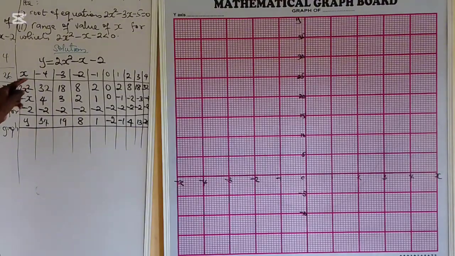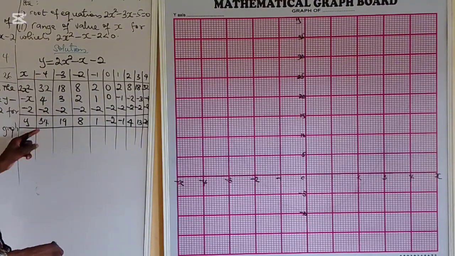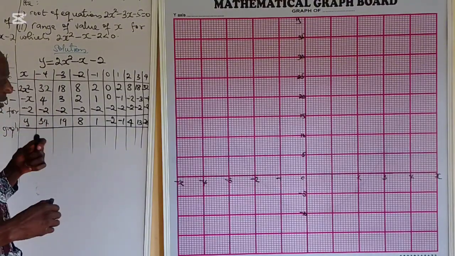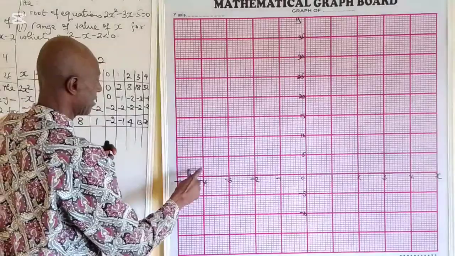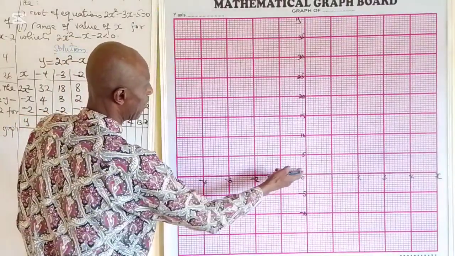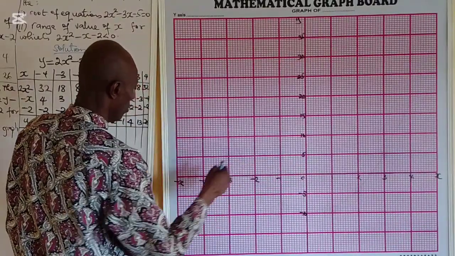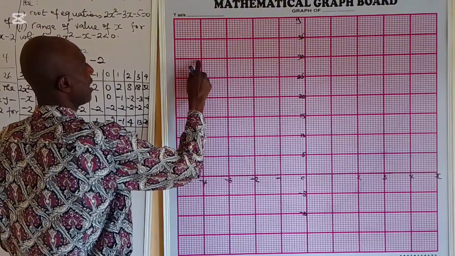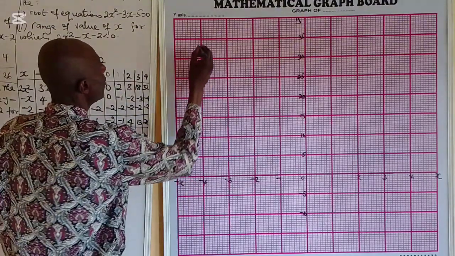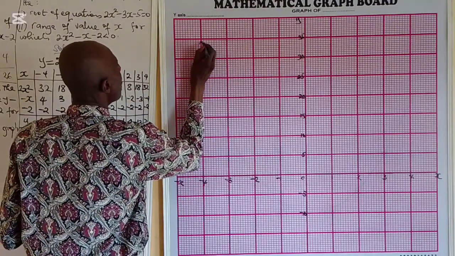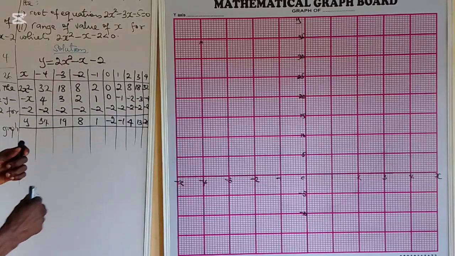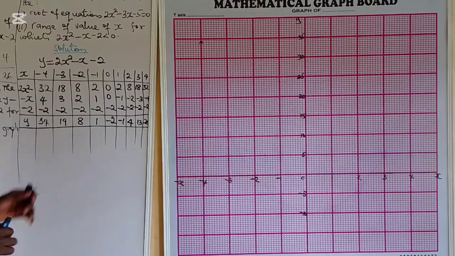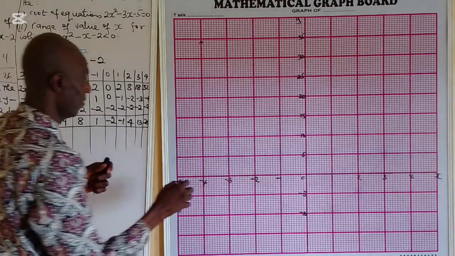So when x is minus 4, y is 34. Look at minus 4. We are cutting 2 boxes. Take note: this is 30, 35, so this box is 34. When x is minus 3, y is 19.